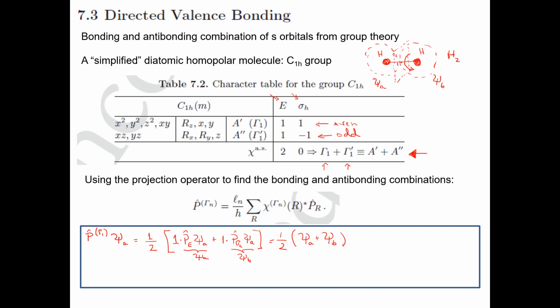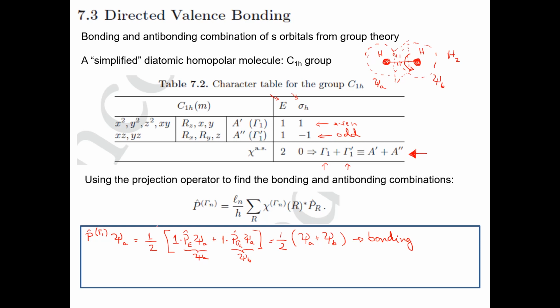And you can already notice that this looks like a bonding orbital, right? The normalization is not right. If these are non-overlapping orbitals, one would get 1 over square root of 2, but I'm not really caring too much about normalization here.